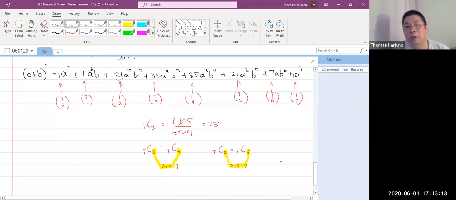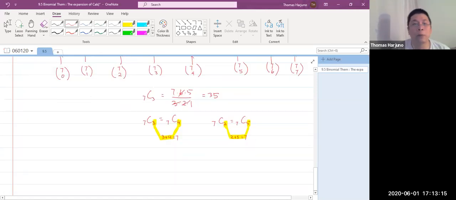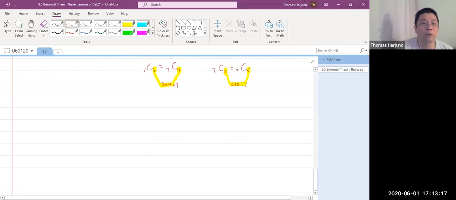Now, let me ask you to apply what we have done so far to this: a plus b, let's say to the power of 10. First you can write the pattern: a to the 10, and then 10a to the 9b. We know the first and second terms, right?